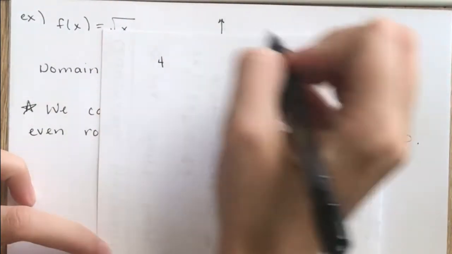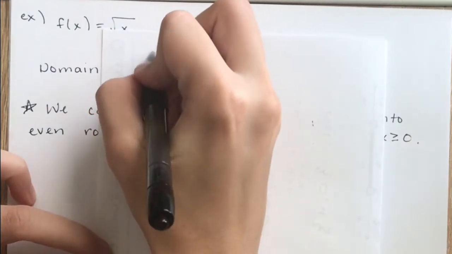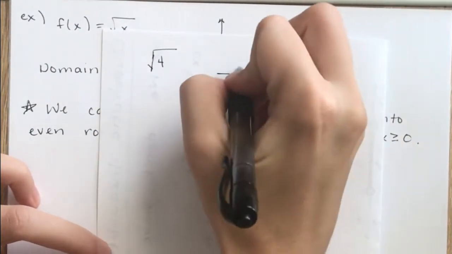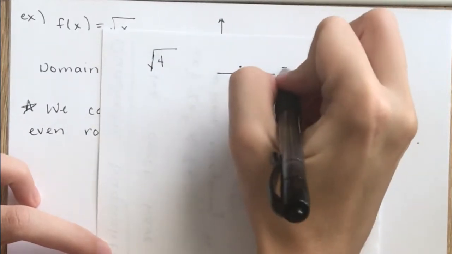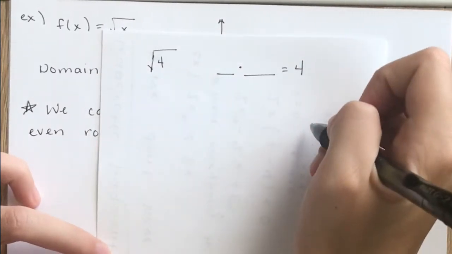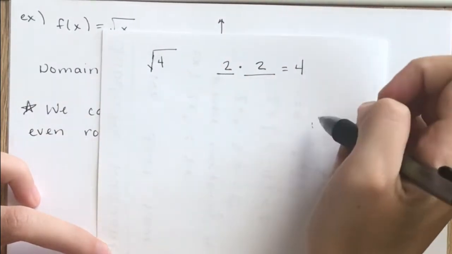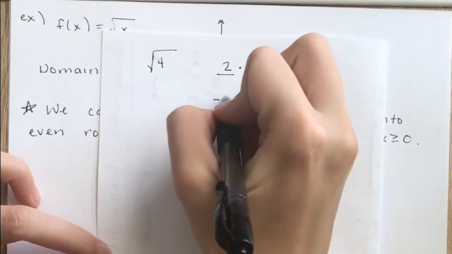So for instance, if I have the number 4, and I ask you what is the square root of 4, that's asking what number can I multiply by itself to give me 4? Well, the answer is 2. And also -2.